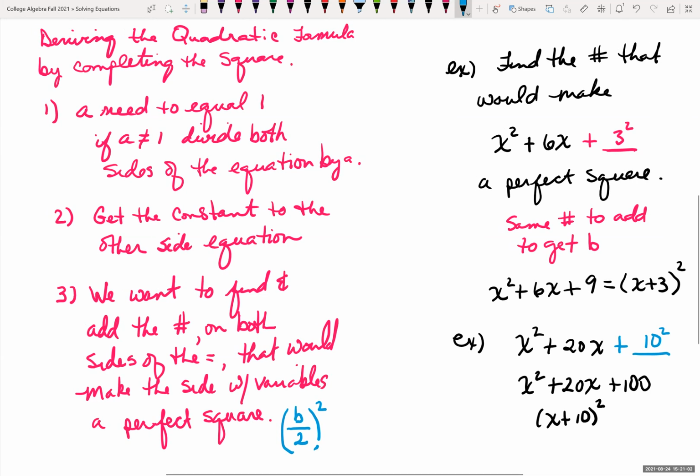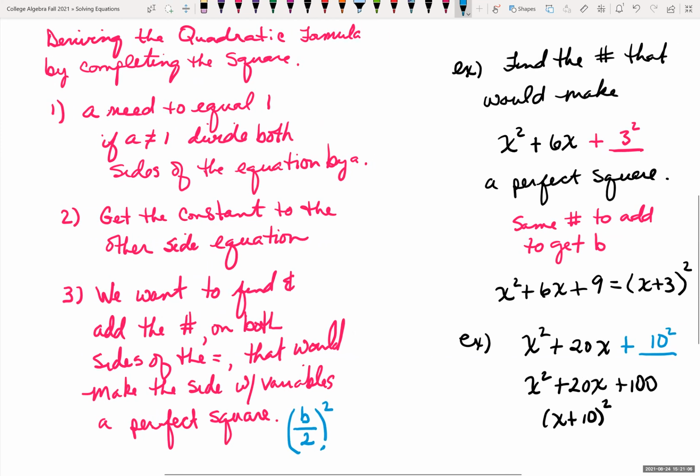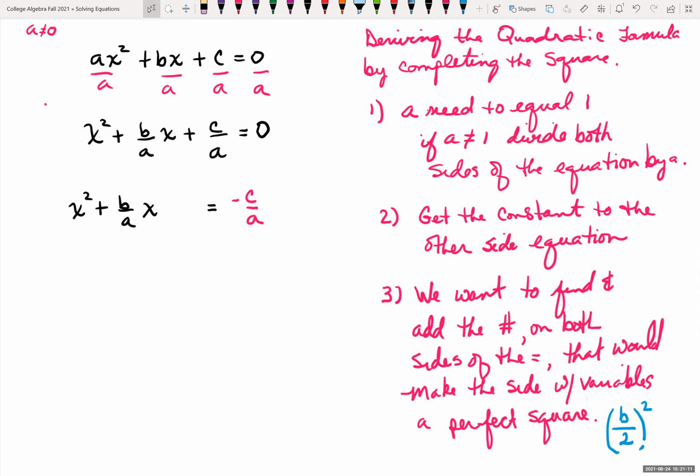Okay, so let's go back to deriving that quadratic formula where we just had variables in here. So I'm taking this value in front of my x, which in this case is b over a. I kind of want to do this on the side.